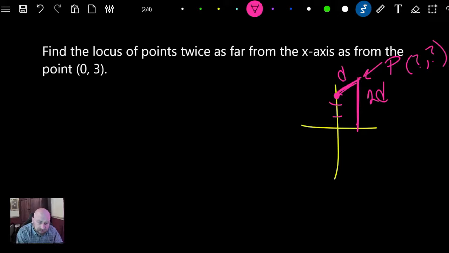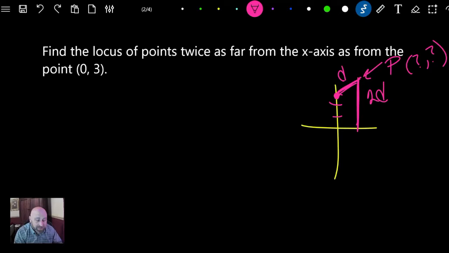In other words, if distance equals 1, then 2 distance is going to equal 2, because it needs to be doubled. What happens if distance equals 2? Then this 2 distance is going to equal 4, and so on. It's just double.